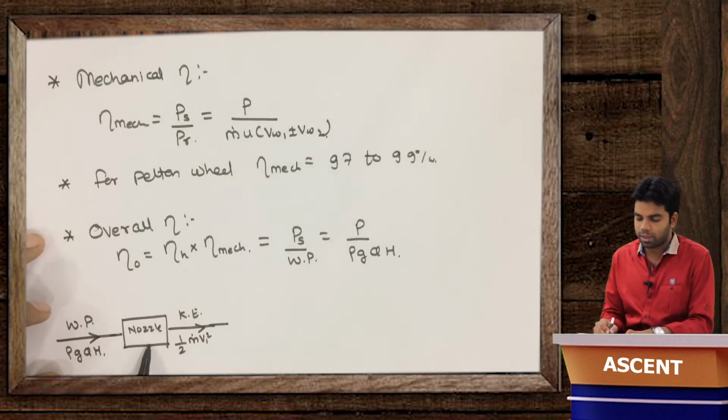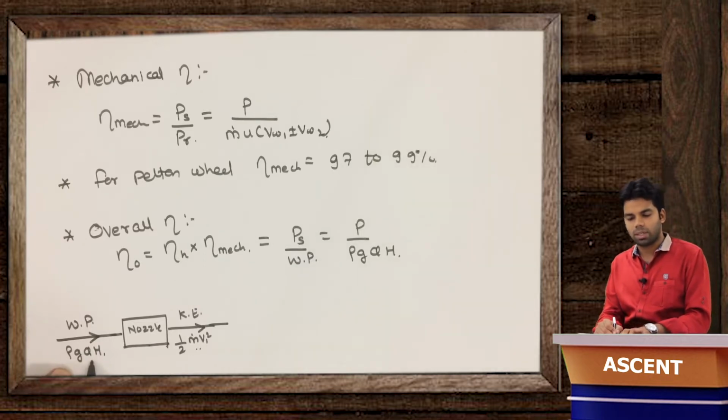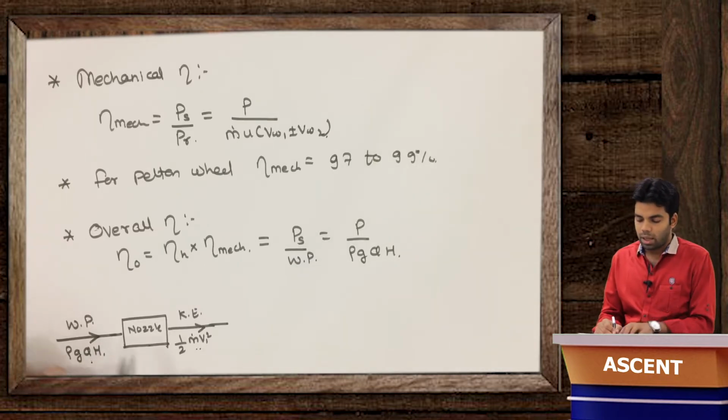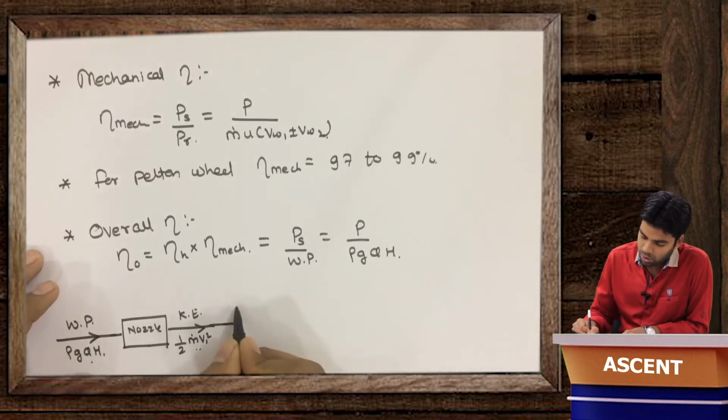So if you want to determine nozzle efficiency, it is output of nozzle, which is half m v1 squared, divided by input of nozzle, which is rho g Q into H. Very simple. Now from this nozzle, this is striking the blade or the runner.